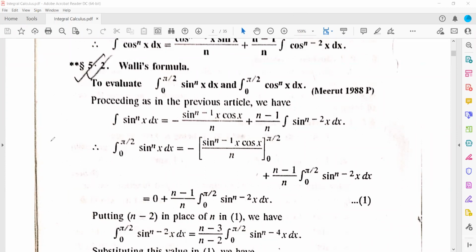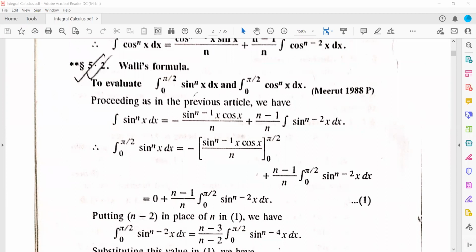Now, if your limit of integration is from 0 to pi by 2, so 0 to pi by 2 sine to the power n x and 0 to pi by 2 cos to the power n, not for other limits of integration. It is only for 0 to pi by 2, I am telling.